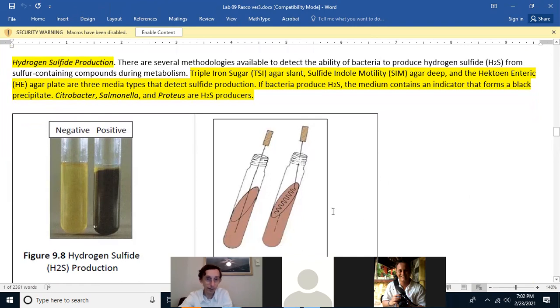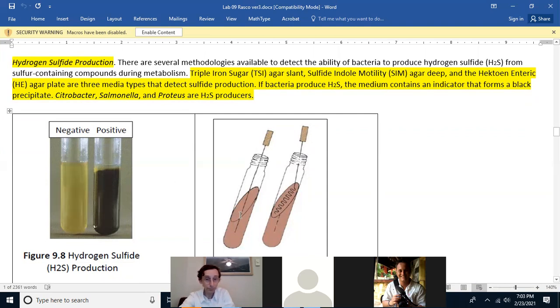The easiest or simplest to explain is triple sugar iron tubes, and this is a slant where you take a needle, also called the inoculating loop, and you put bacteria on the tip of that loop, and then you stab it into the tube, and you should come at least 2/3 of the way down the tube. You need to go down in the tube. If you only stab the very top, you might not see black, because black doesn't happen at the top of the tube.